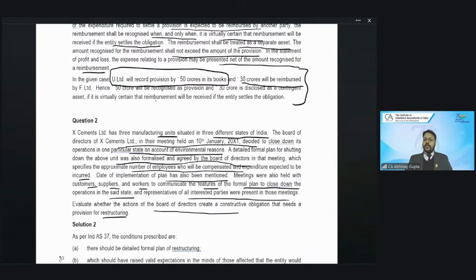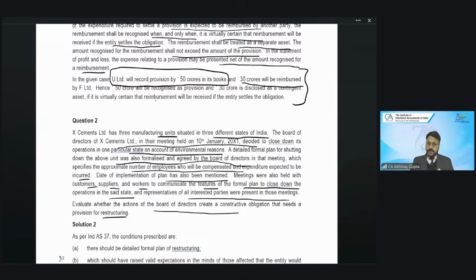Although no formal agreement has been signed by the company with the customers, suppliers, and workers. So what is this obligation categorized into, legal or constructive? It is a constructive obligation, sir. It is a constructive obligation. Now, under Ind AS 37, is it mandatory that you must have a legal obligation only to record the provision? No.